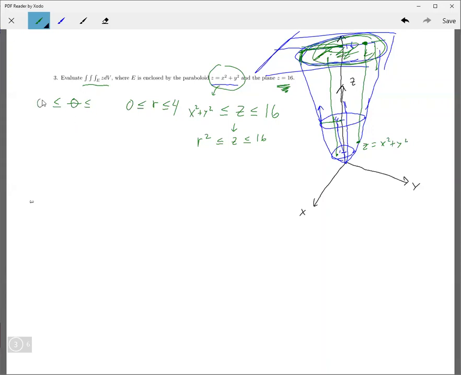The most typical thing for theta is from 0 to 2 pi. This angle here is 0, and as you come over here, this is pi over 2. This is pi back here, then 3 pi over 2, and then back to 2 pi. So 0 to 2 pi is all the way around, which will give you the whole disk.